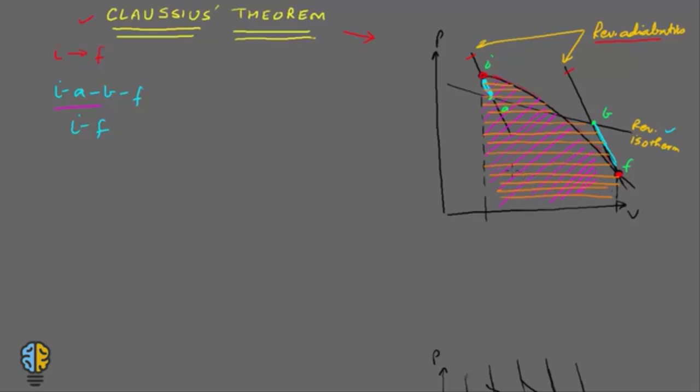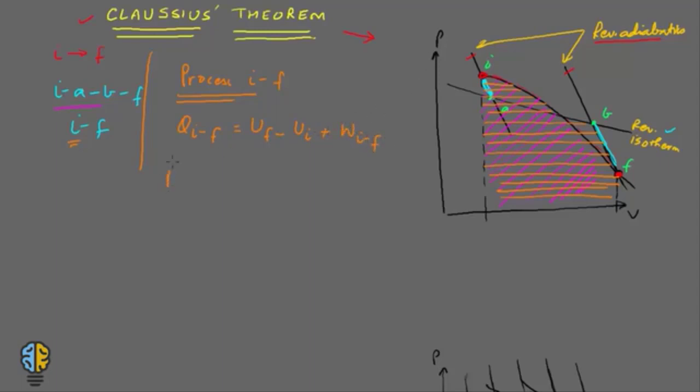Now if we apply the first law of thermodynamics on the process IF, the heat interaction going from I to F is equal to UF minus UI plus WIF.